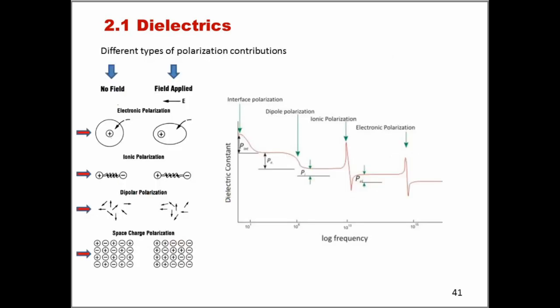Now, the situation we've just described represents what we would call the static case, where we have a constant, uniform electric field, and the material polarizes, and so on. Now, we can consider also the case where the electric field is not constant over time.